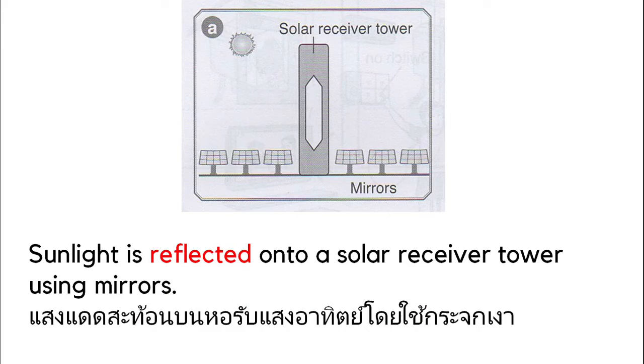Sunlight is reflected onto a solar receiver tower using mirrors. As you can see, there are a lot of mirrors under a solar receiver tower.